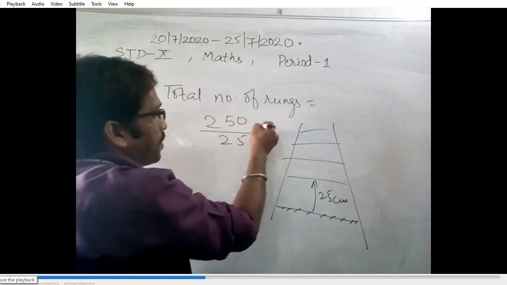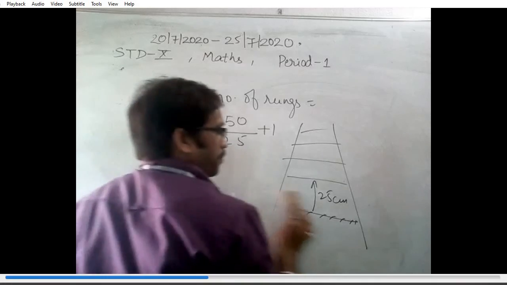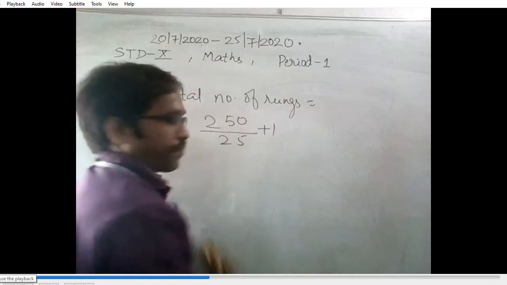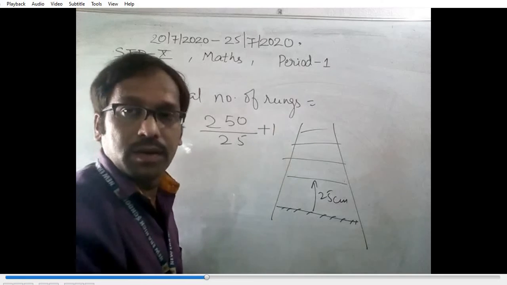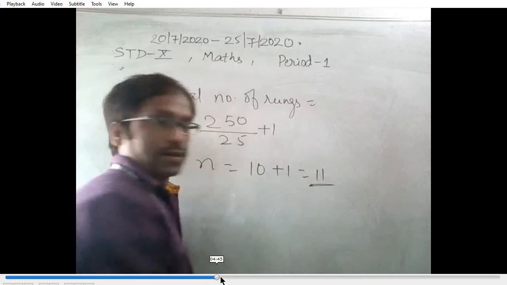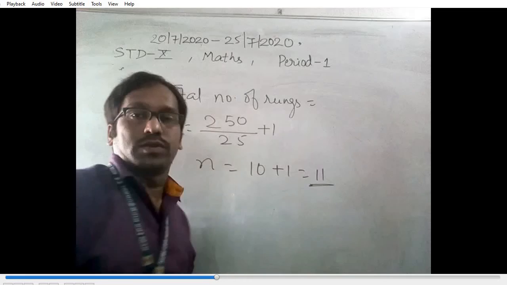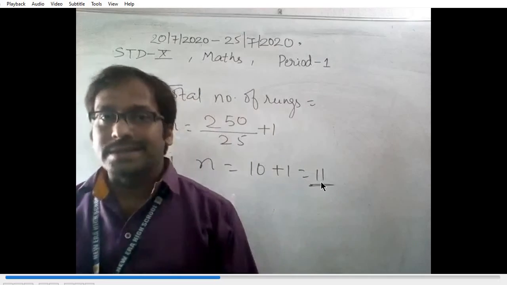So the total number of rungs is equal to 250 divided by 25, plus 1. Why have I added one here? I have added one because the first one is already present, so from here the length has increased. So now the total number of steps has come, that is equal to 11.